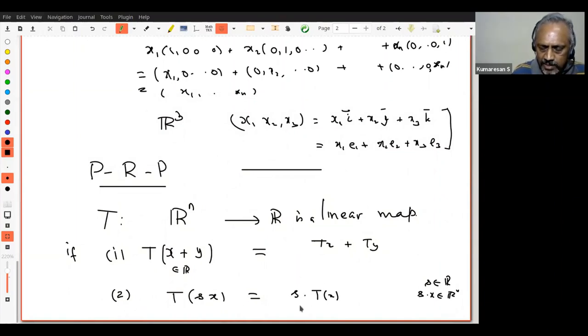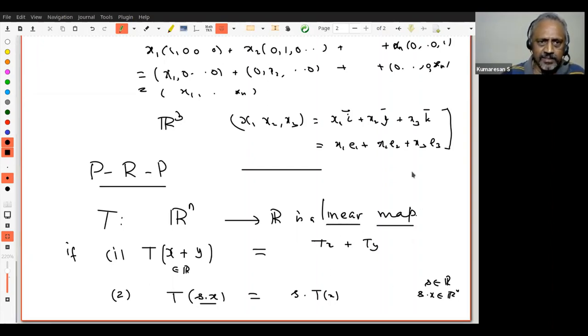This is ordinary multiplication of two real numbers, whereas sx is the scalar multiplication which we defined: s times x1, s times x2, dot dot dot, s times xn. That is an n-tuple. So when T acts on that, I want it to be a real number. Then I call any such map T which satisfies these two conditions a linear map.